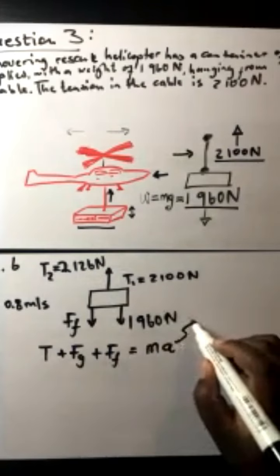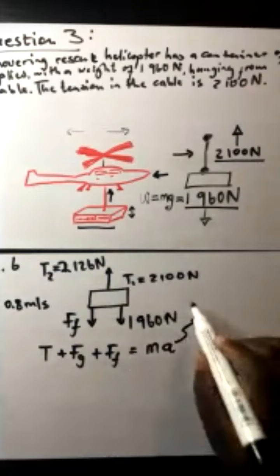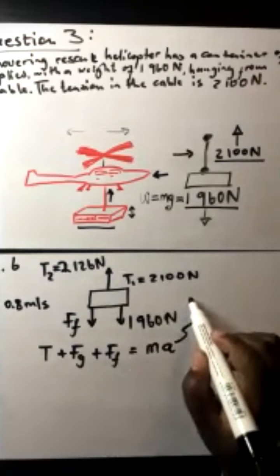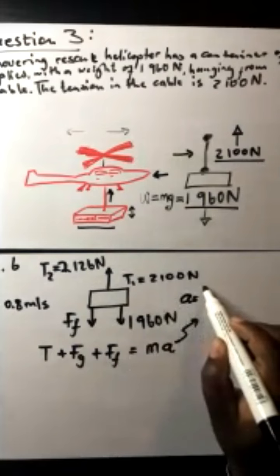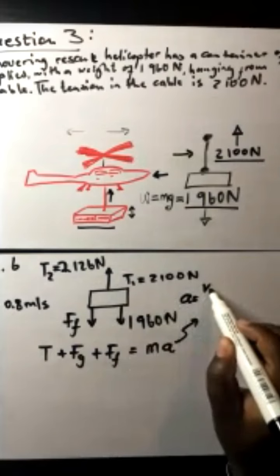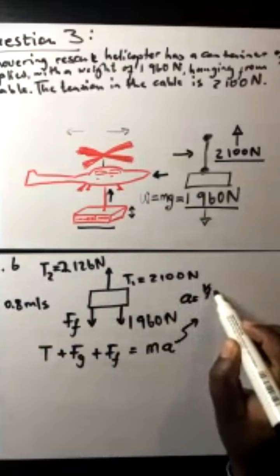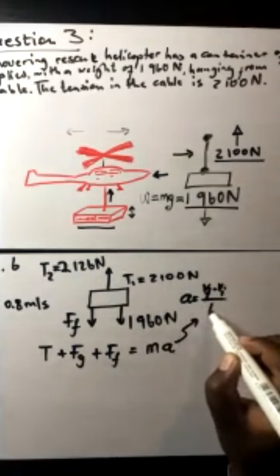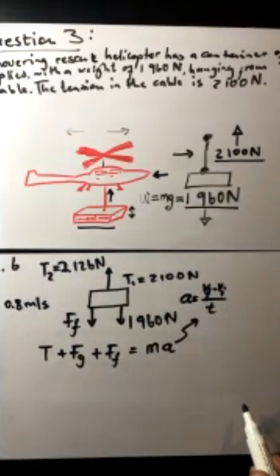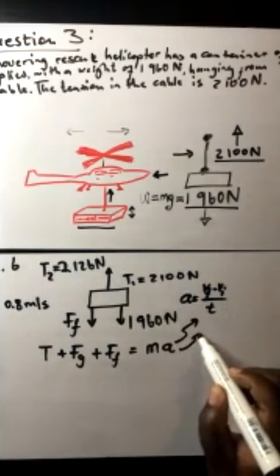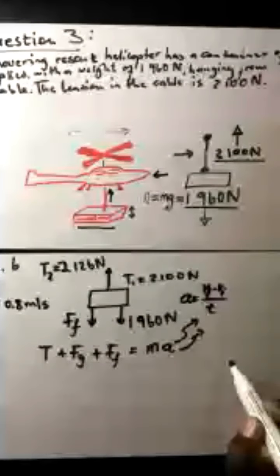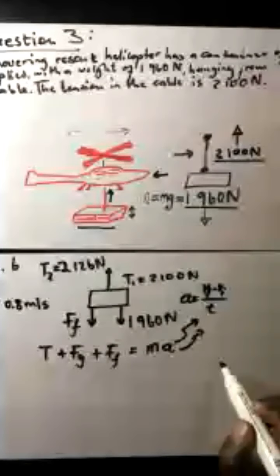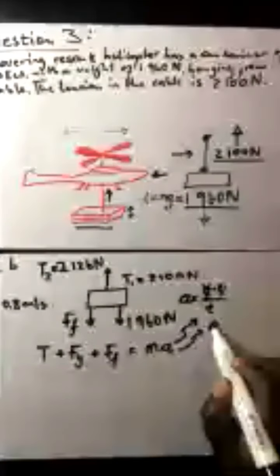But remember, the formula for acceleration is equal to velocity final minus velocity initial over time. I'm sure you remember very well, guys. And again, for the fact that you've got a constant velocity, it makes acceleration to be 0.